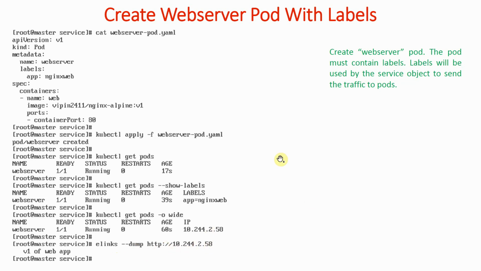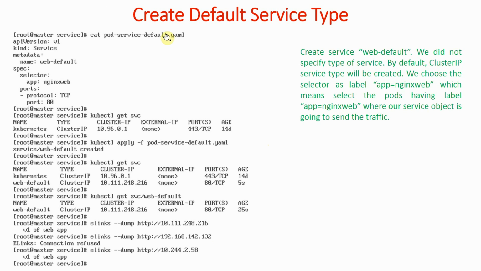But now we want to be able to access it from outside also. So we are going to create the default service type. The file's name is pod service default.yaml. That means we will not specify which service type we want to use, and then we will see which type of service it creates.